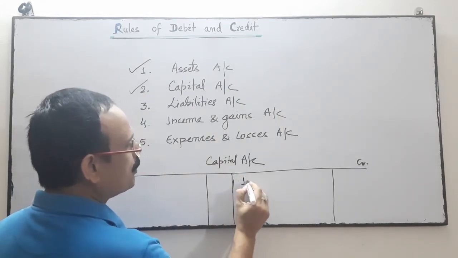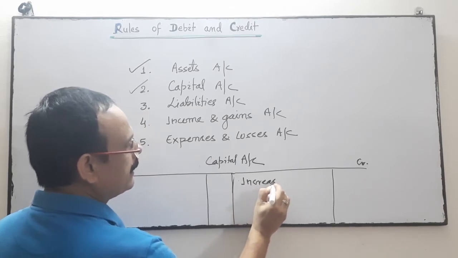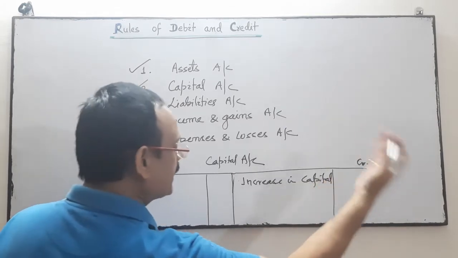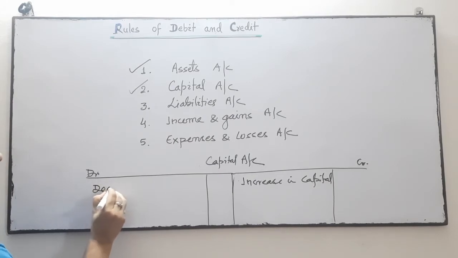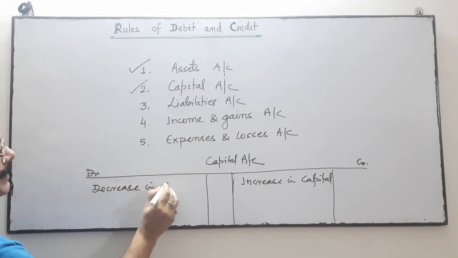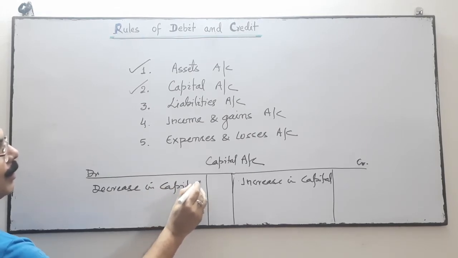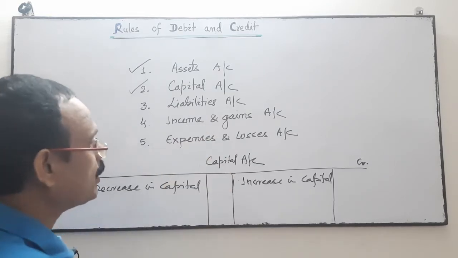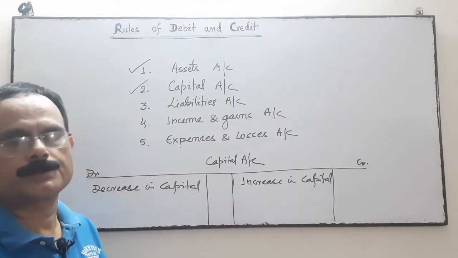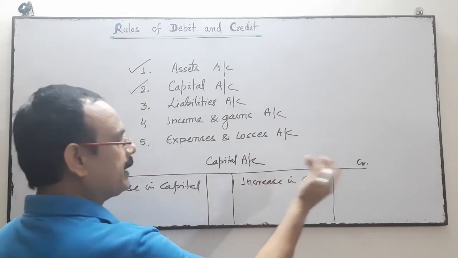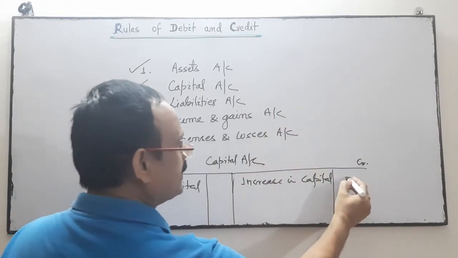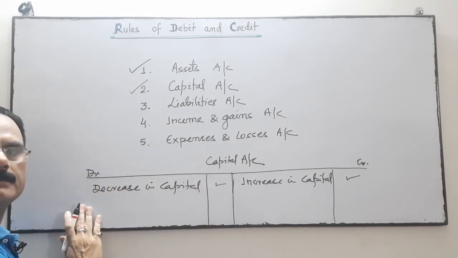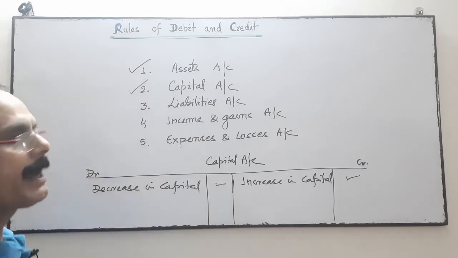Increase in capital will be on the credit side, and decrease in capital will be on the debit side, just opposite of the assets. This is the rules of debit and credit for the capital account.